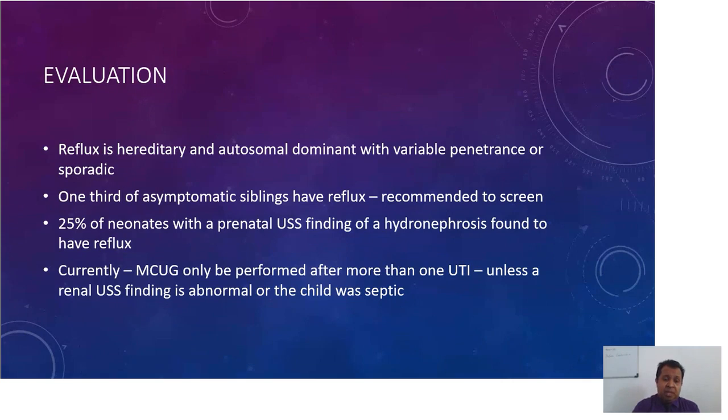For example, if a neonate develops urosepsis, you can do MCUG as an option, as a relative indication, to find out any reflux. But as I mentioned earlier, the definite indication is that the child is having recurrent urinary tract infection with ultrasonographic evidence of reflux or any structural abnormality.